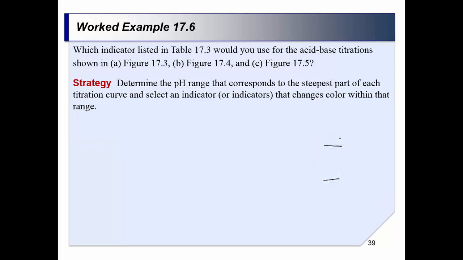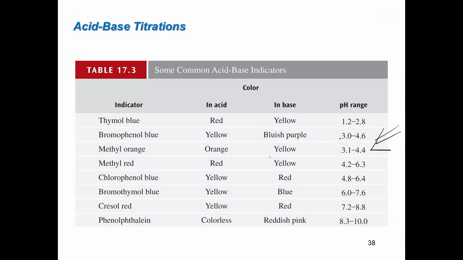So looking back, 4 to 10, we would be looking for something that, depending on the application, like what pH are you actually looking for? I mean, most of these are going to work for you. I wouldn't necessarily use something like thymol blue because it's out of the pH range. We're looking for something between 4 and 10.